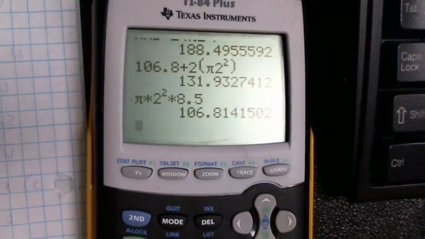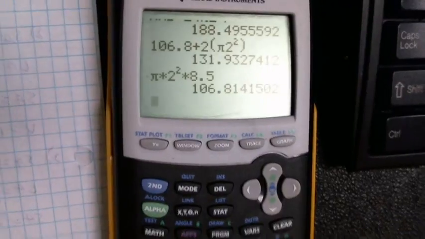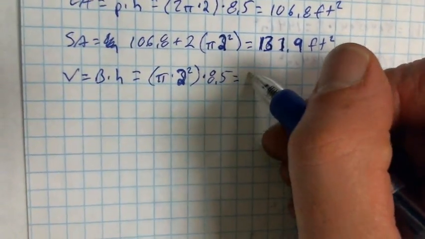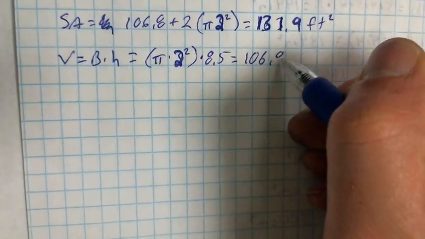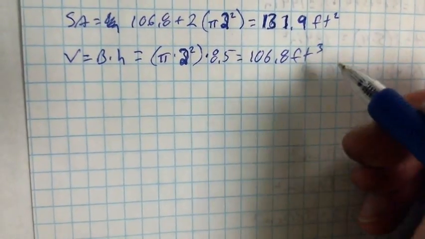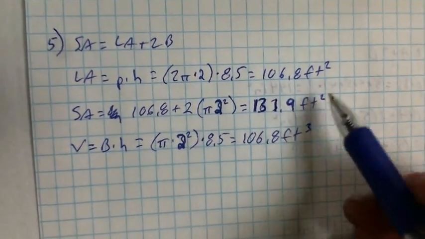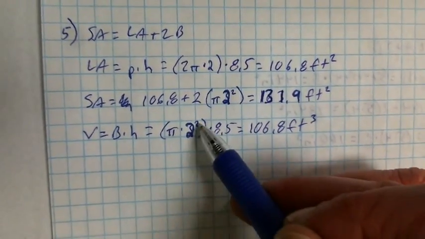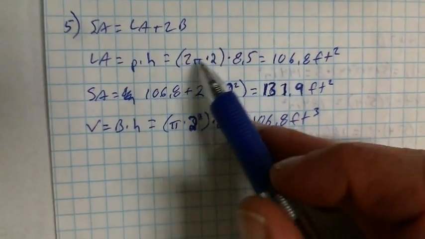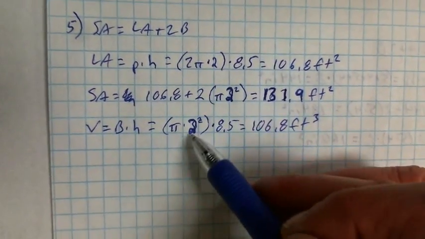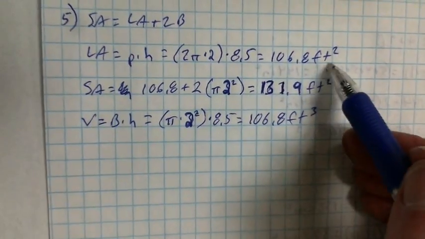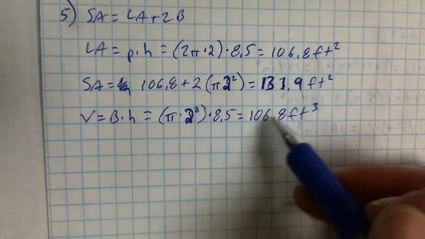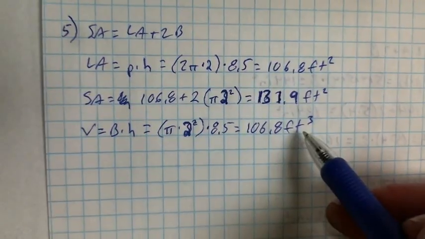So it's 106.814 feet cubed. Now, this is the same answer as we got here, because 2 pi r and pi r squared are the same thing when r is 2. But this is just a coincidence, and one is flat, and one is in cubes. So that makes all the difference.